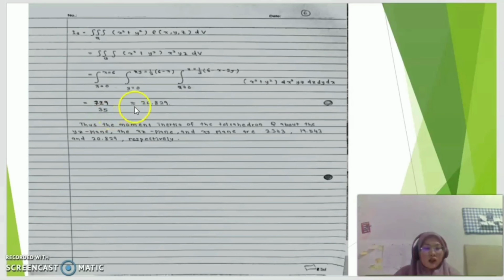Thus, the moments of inertia of the tetrahedron Q about the yz plane, the xz plane, and the xy plane are 3.343, 19.543, and 20.829 respectively. Okay, that's all from me. Thank you.